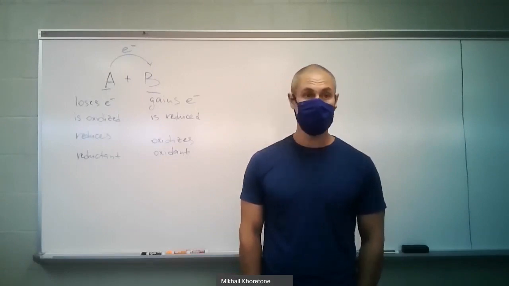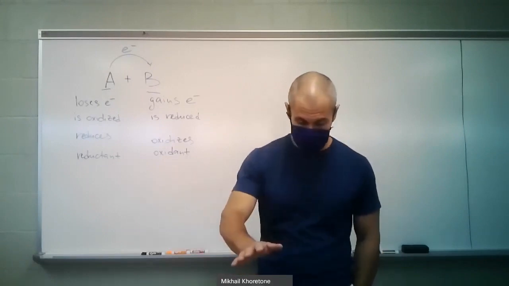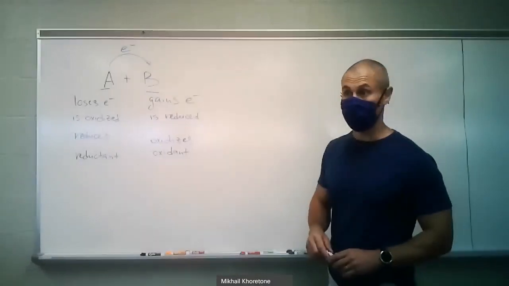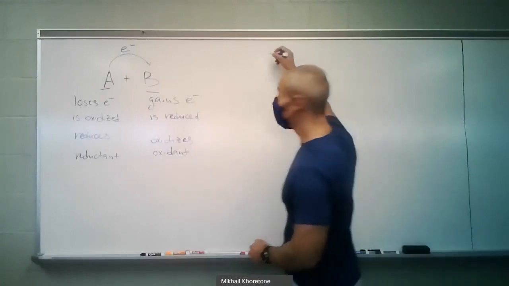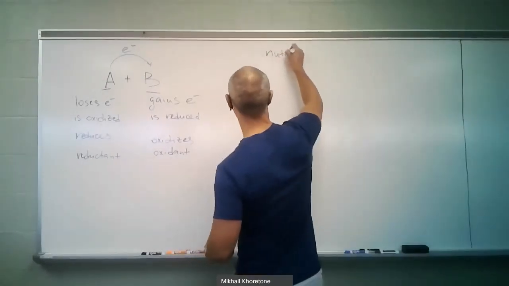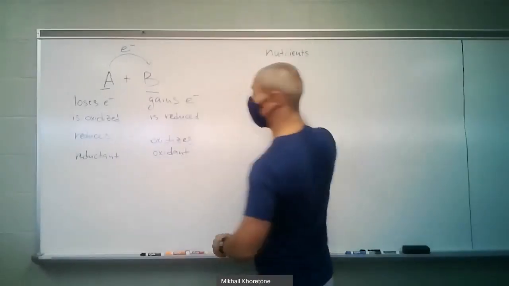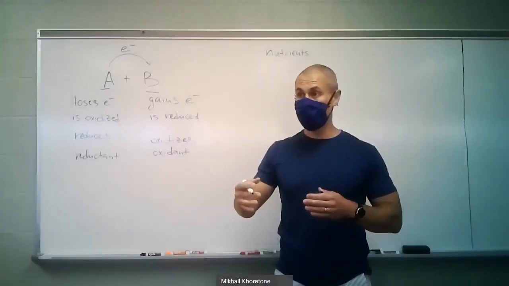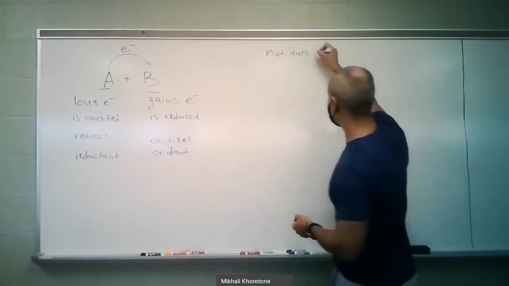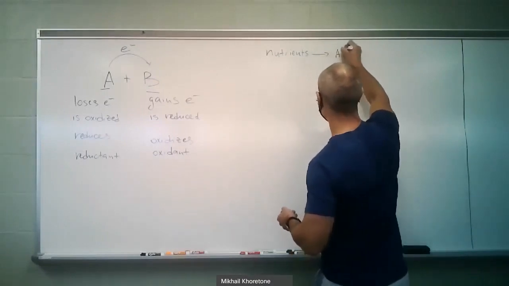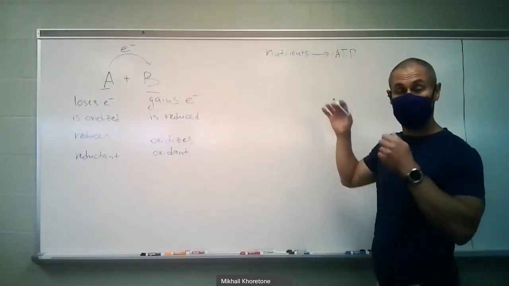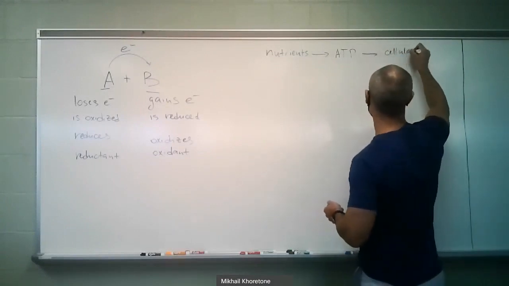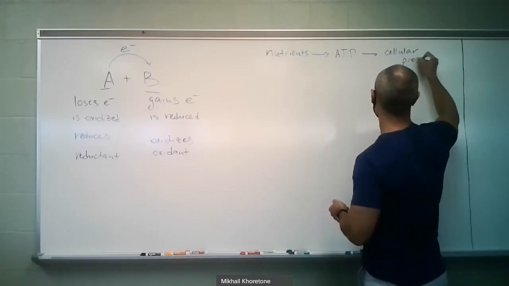So first of all, let's describe what energy flow I am talking about. So we've got nutrients, right? Now nutrients have to be broken down to extract energy to make ATP, and then ATP is used in the cellular processes.